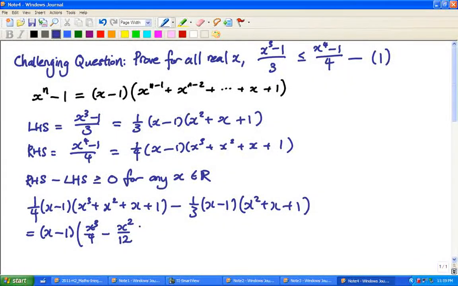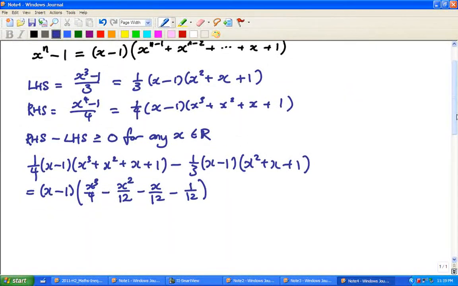Similarly I have minus x over 12, minus 1 over 12. Now I'm going to take out the 1 over 12 to simplify my working a bit.